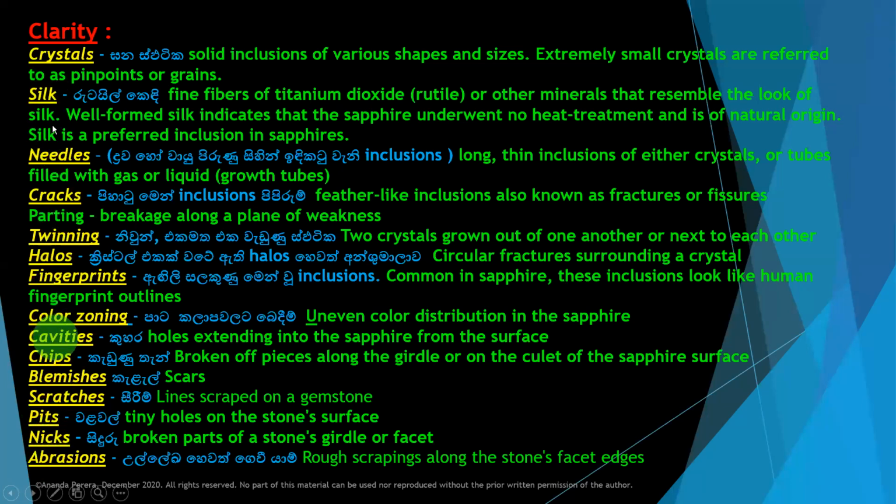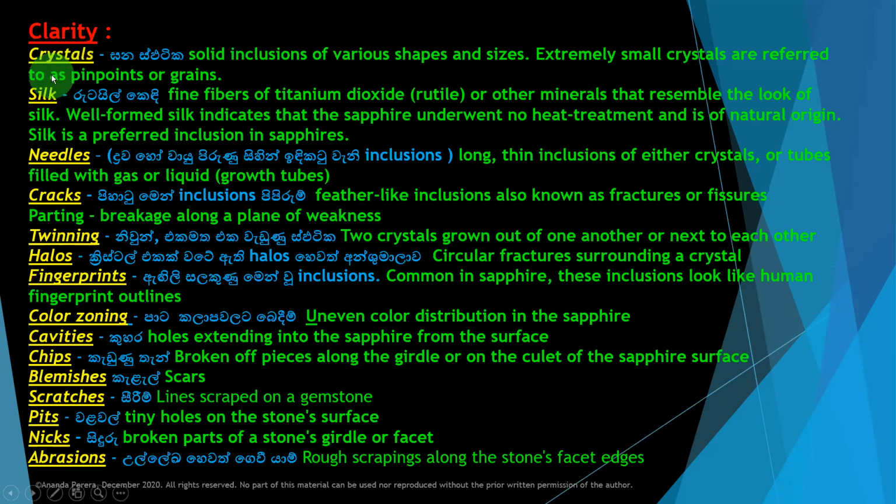There are 15 things prevailing inside the gemstones. They give weak clarity. Those 15 words are giving weak clarity. Then it depends on the market of the gemstone, so we have to think about this.